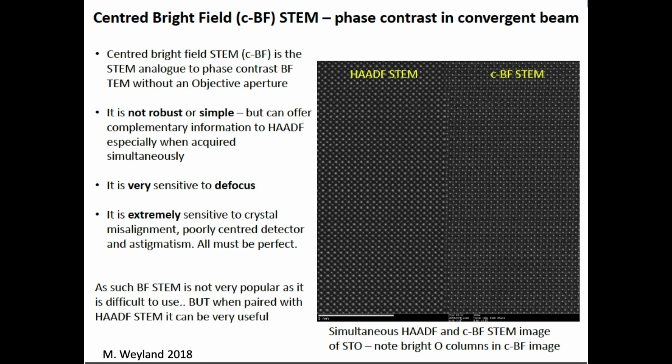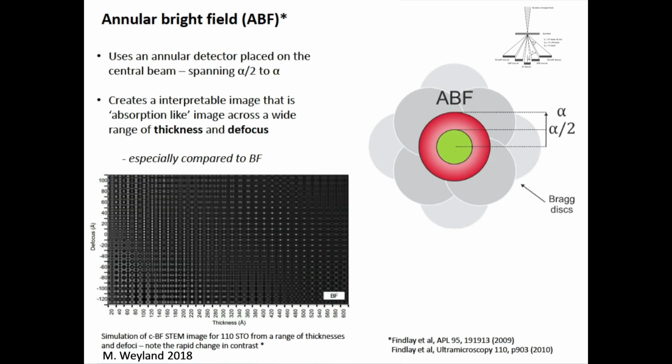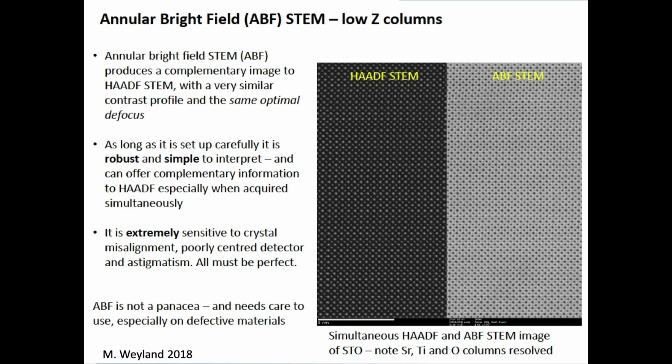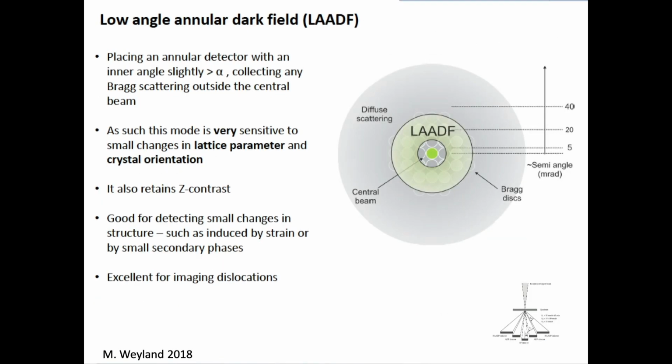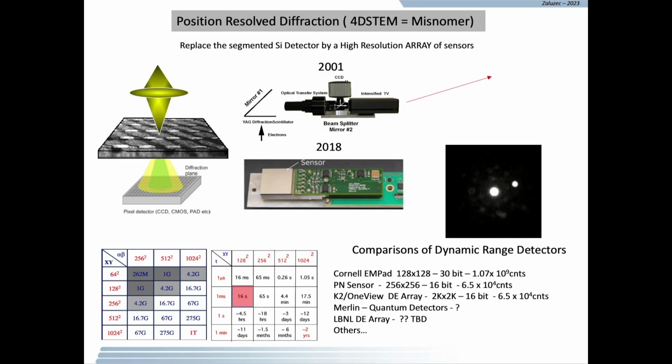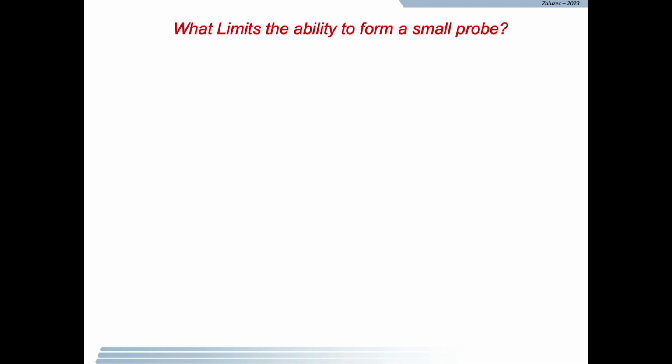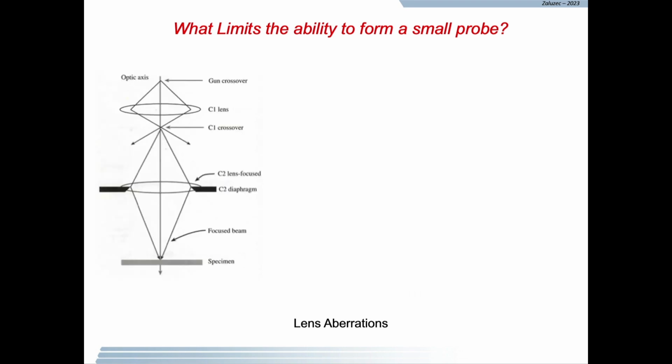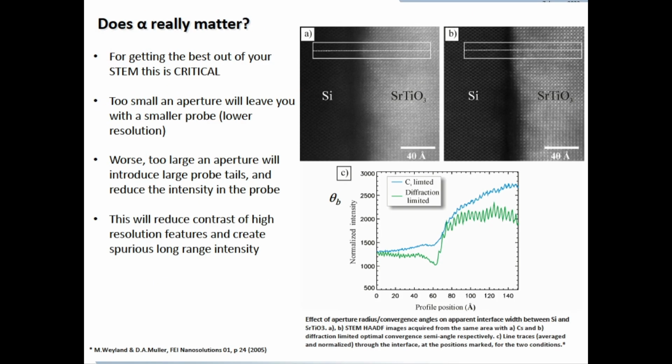All right, I'm getting to the point where I've got to stop talking now because my voice is going pretty bad. Let me just see what's left here. I think I want to stop right here. We may come back to this later. Aberrations. We don't have a probe corrector on this machine.